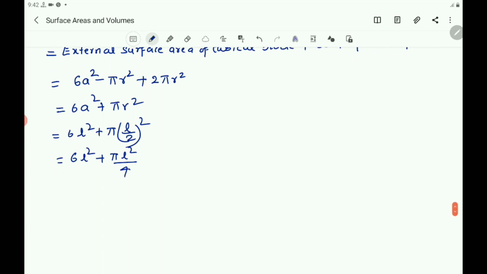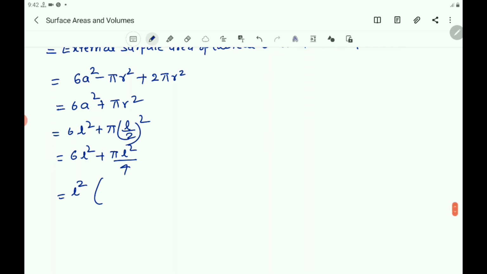Then you can take L square common, or otherwise take the LCM, which is 4, and it becomes 24 L square plus pi L square, 6 fours are 24.